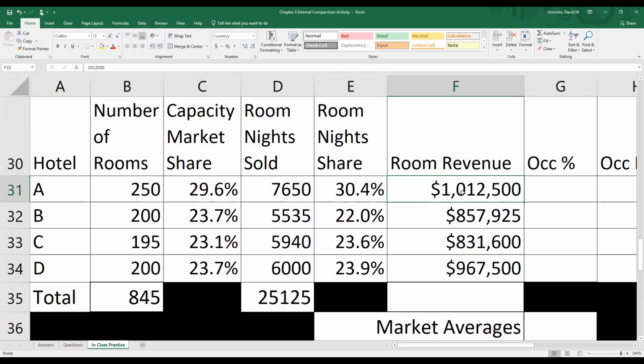They have 250 rooms to sell, so of course they're probably going to have more revenue than, let's say, Hotel C that only has 195 rooms. So let's take a look now at our occupancy percentages, our ADR, and our RevPAR.